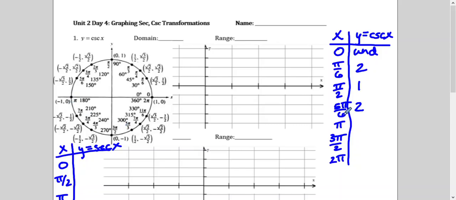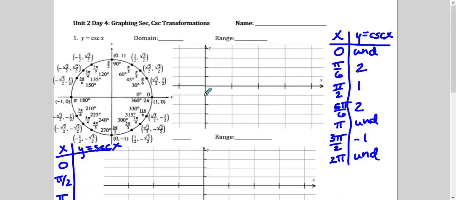The reciprocal of 0 is undefined again. At 3 pi over 2, the reciprocal of -1 is 1 over -1, which is still -1. And then back to 2 pi, which is really the same terminal side as 0, and so it's going to have the same reciprocal of 0, which is undefined for its cosecant.